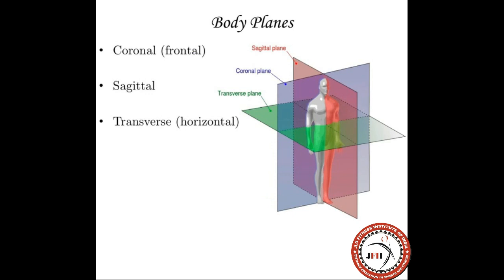So you could see that in blue here, this plane that's going right through the middle of this person's body, that's a coronal or frontal cross-section or plane. So if we took the heart and cut right through it this way, that's a frontal section.